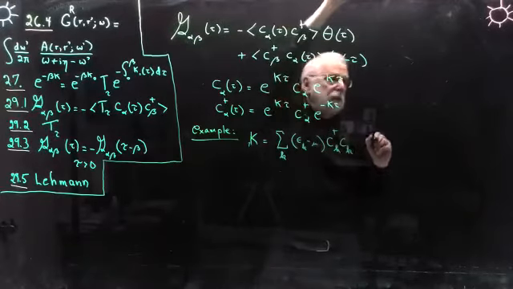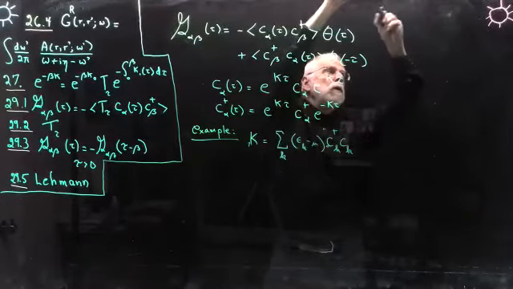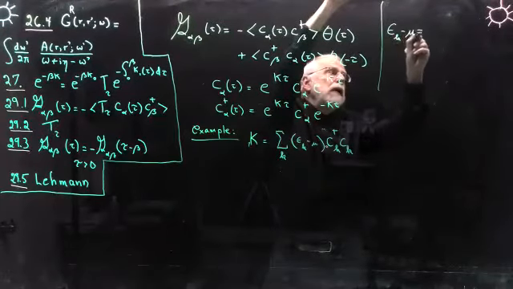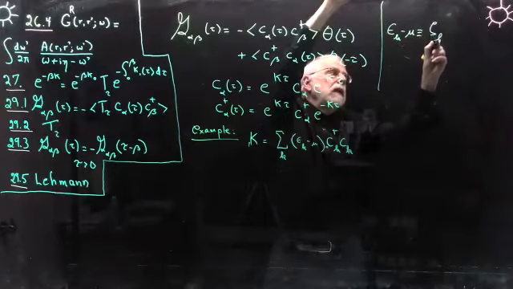And let me call epsilon k minus mu, by definition, zeta k.